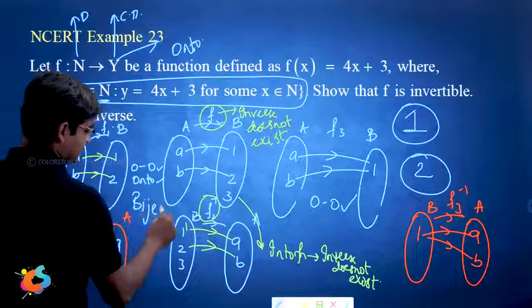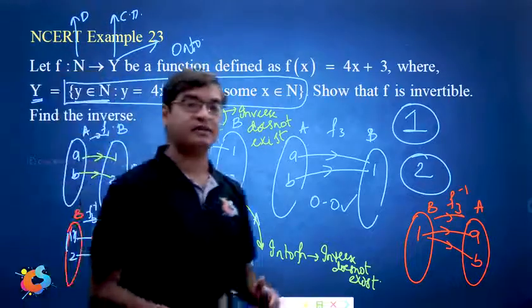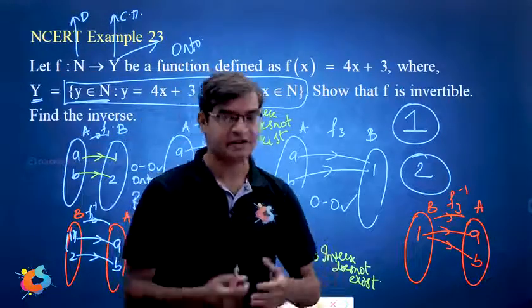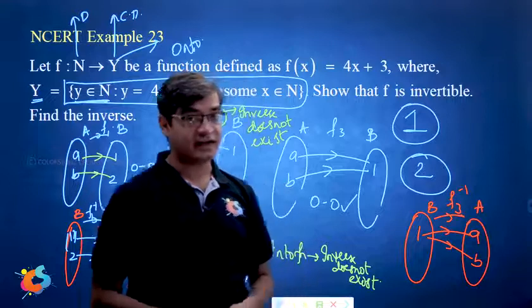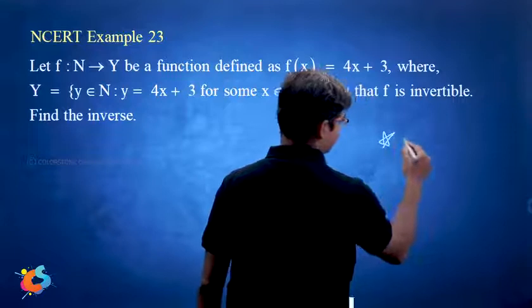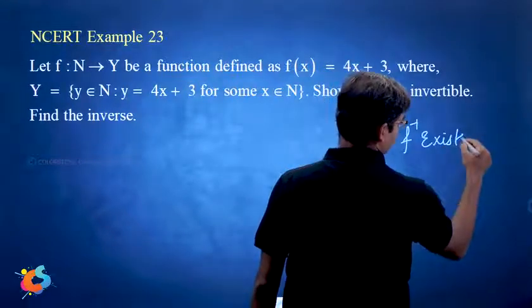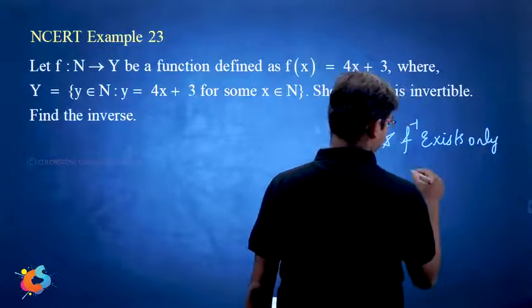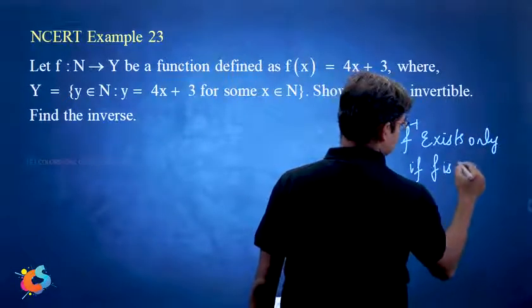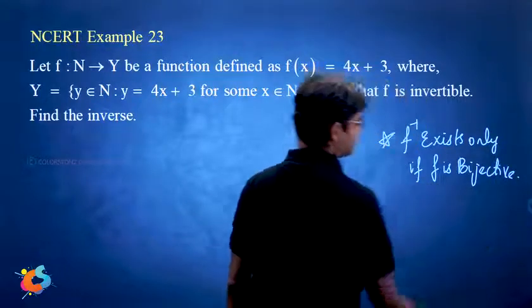This function should be bijective. Only a function which is bijective will have its inverse function. Okay, fine. Okay, so this is a very important point. F inverse exists only if F is bijective. Only if F is bijective.